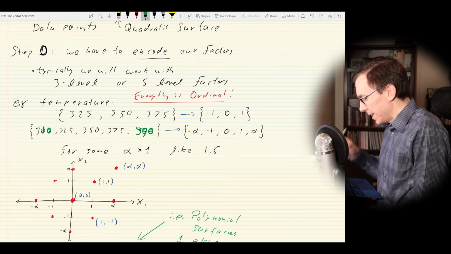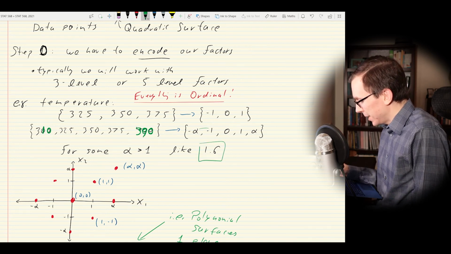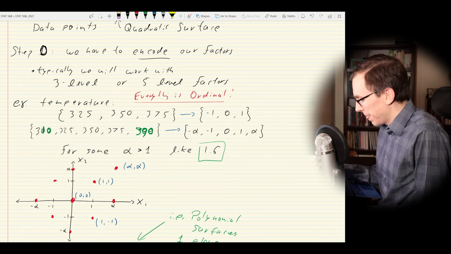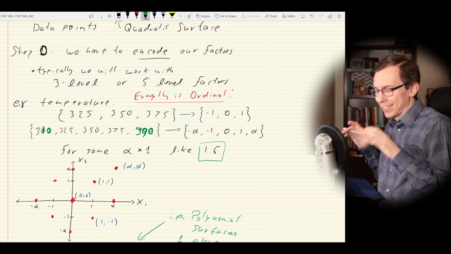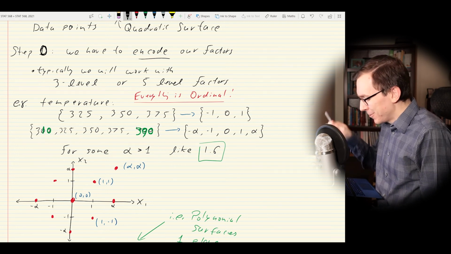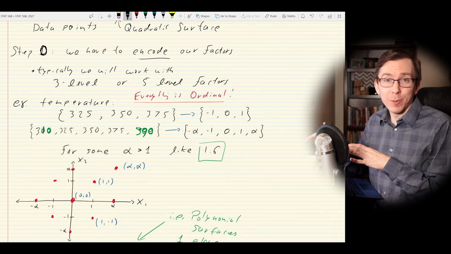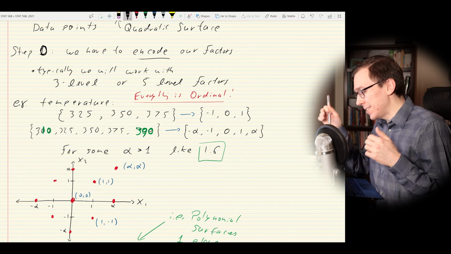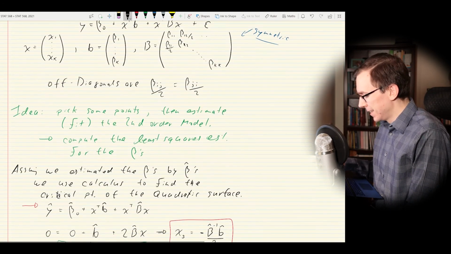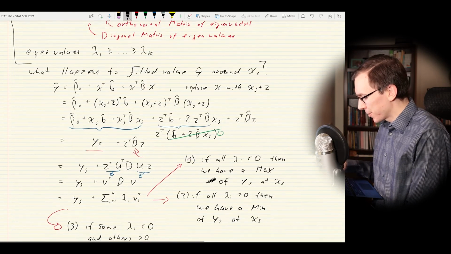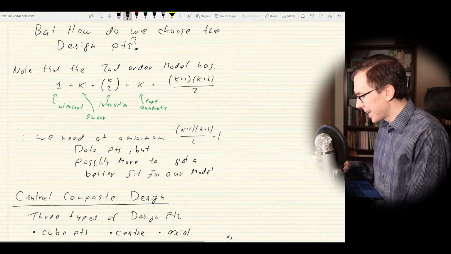And the reason was to correspond with alpha equaling 1.6. So there was a reason. Just to make sure the math worked out exactly right, I'm going back and changing that. We'll talk about this more when we do a real data example, and you see what I mean by encoding the values of alpha like this. I don't want to go into it right now because I'm going to save that for the data example.